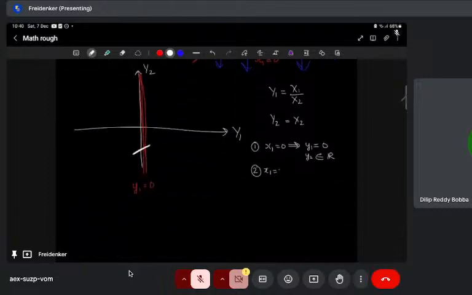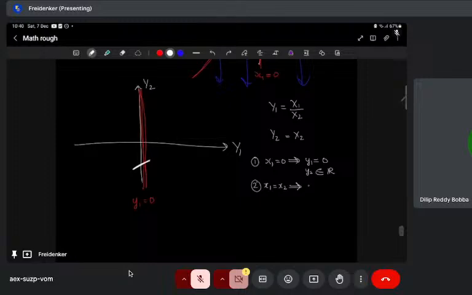x1 equal to x2. Now I will substitute it in the y relation. What will I get? y1 will be 1, because y1 is x1 by x2, and y2 will be x2. We don't know what x2 is, it is just x2. x2 can be any real number, so y2 also belongs to the real numbers.